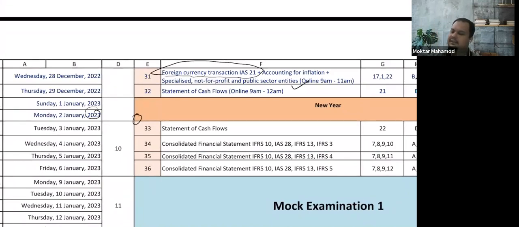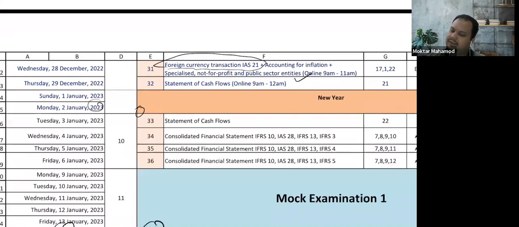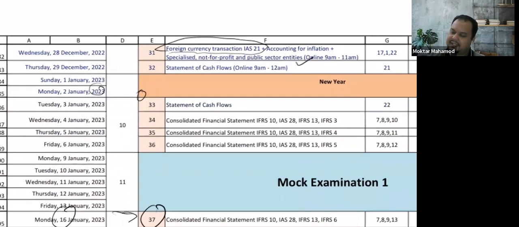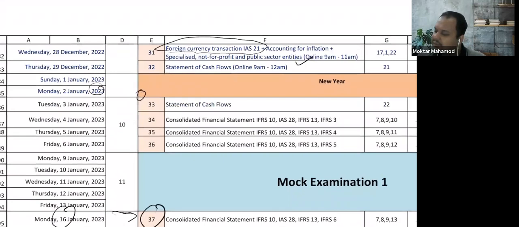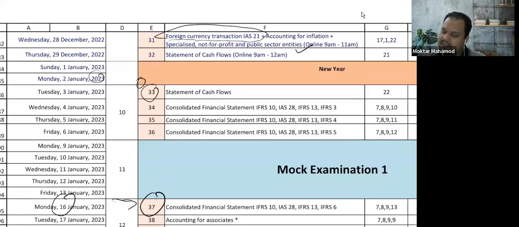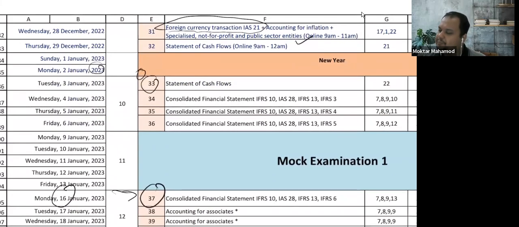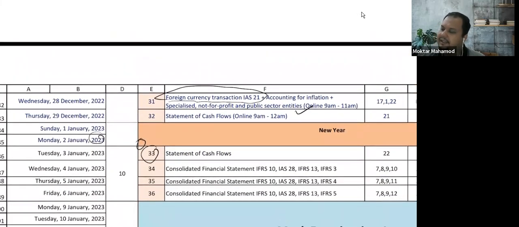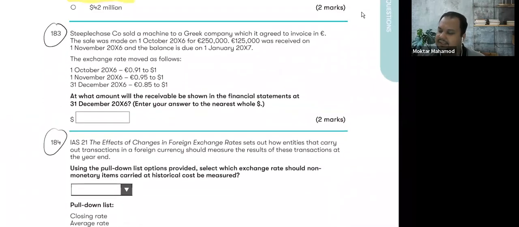We're going to have a few questions. Then next week, we're going to start the physical meeting again. So we finalize the statement of cash flow with 1 or 2 questions, and then we continue to the other chapters the next day. Then the revision kit related to your foreign currency transaction.